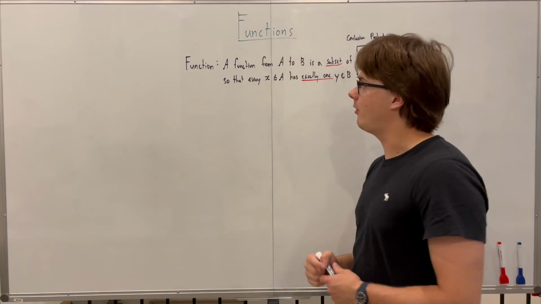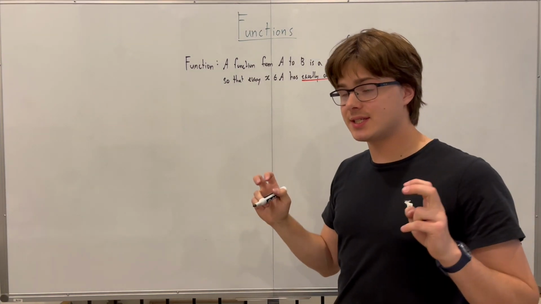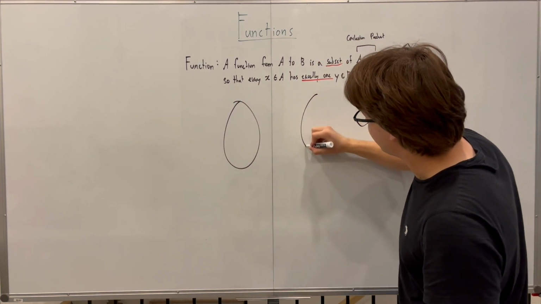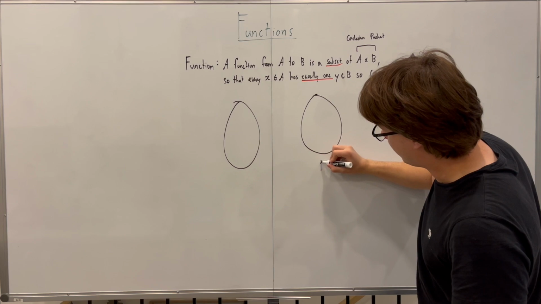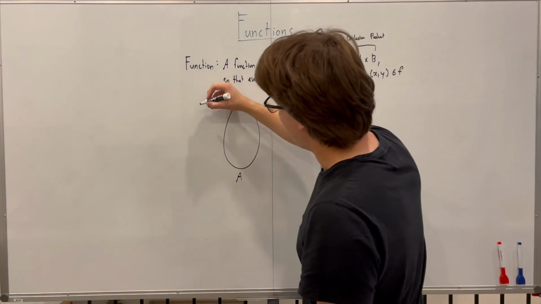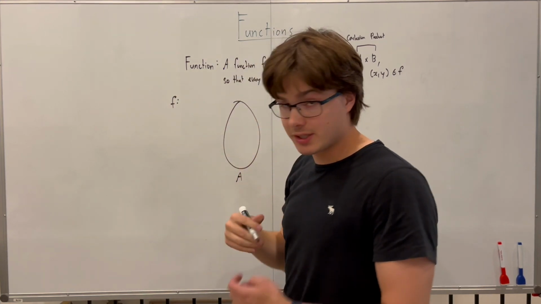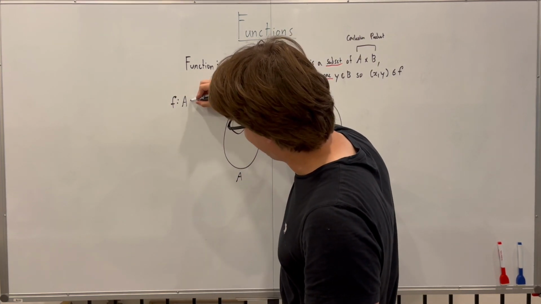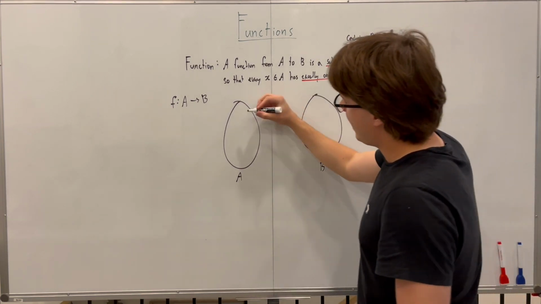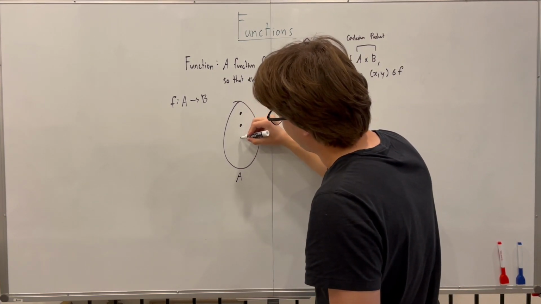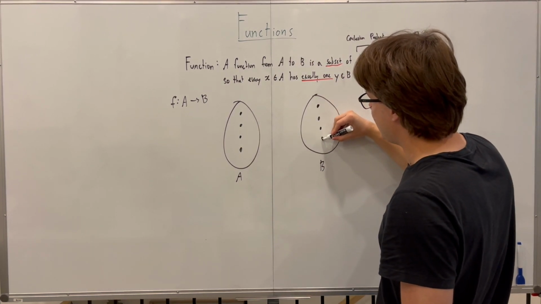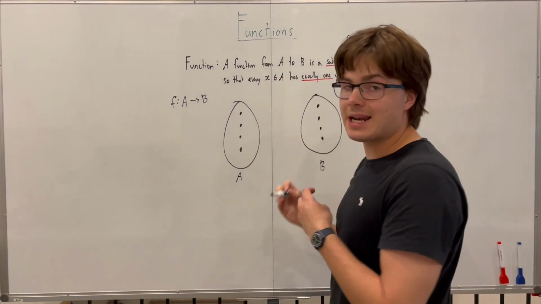Another way of thinking about this is to draw out the sets A and B. So when we take something like this, and this would be our set B, and this would be our set A, and we say the function, which is going to be f, goes from A to B, what we're saying is, if you take an element in A, right, let's take these 4 elements, and you have some elements in B, a function is kind of like the arrow.